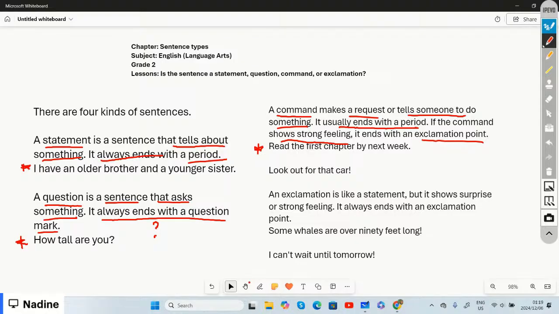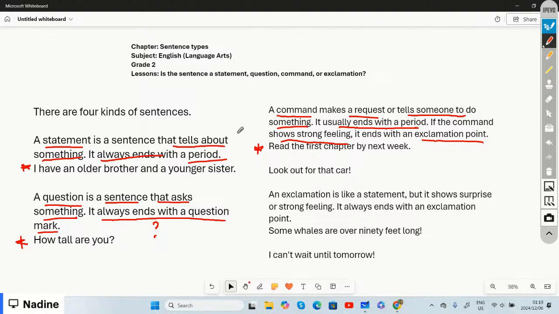So we said that when our command ends with a period, when you're making a request, then it's basically just somebody telling you to do something.